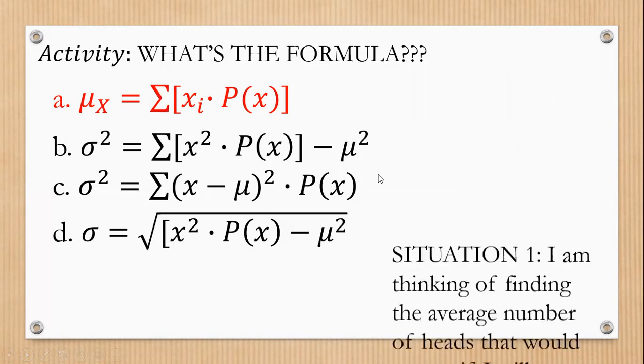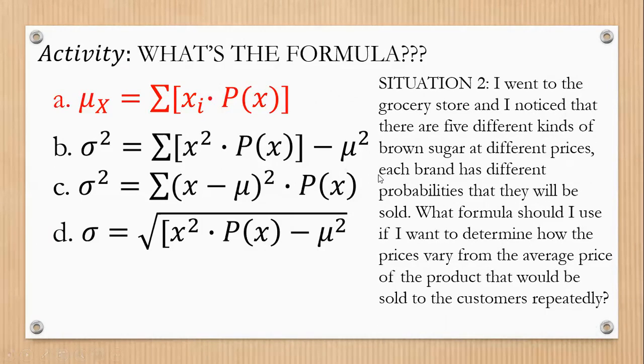Let's have situation number 2. I went to the grocery store and I noticed that there are 5 different kinds of brown sugar at different prices. Each brand has different probabilities that they will be sold. What formula should I use if I want to determine how the prices vary from the average price of the product that would be sold to the customers repeatedly?